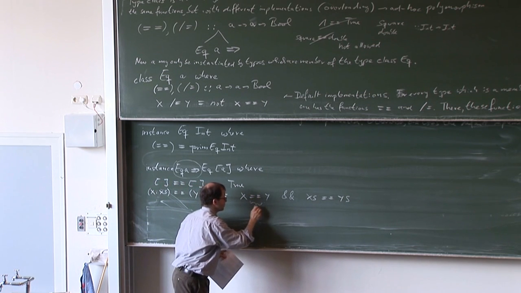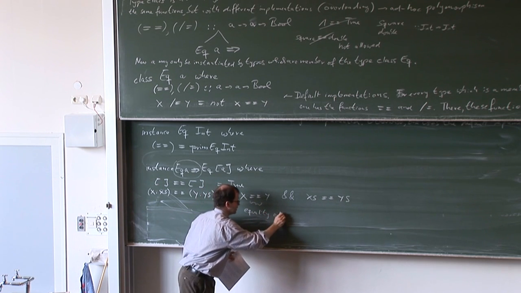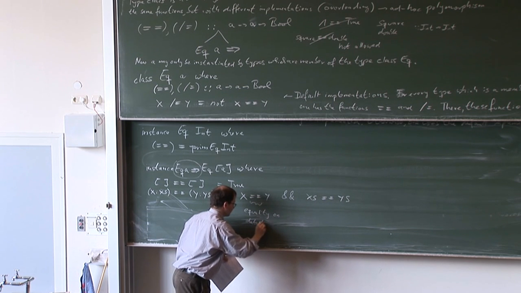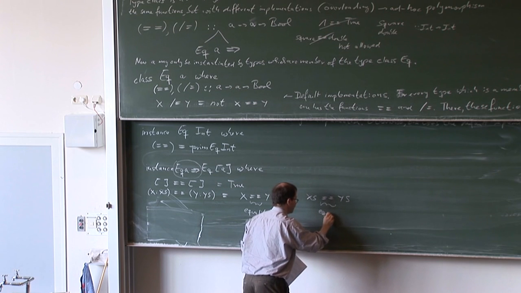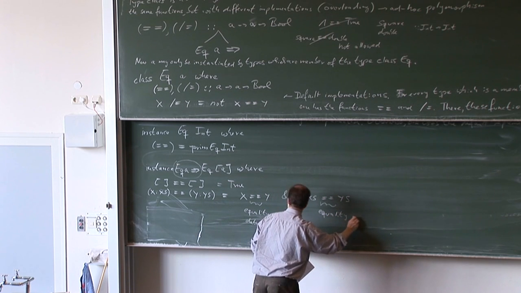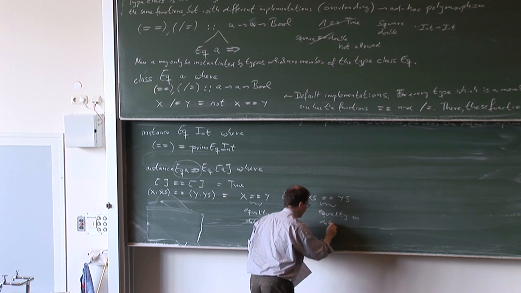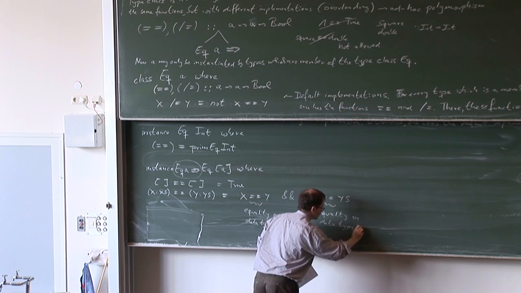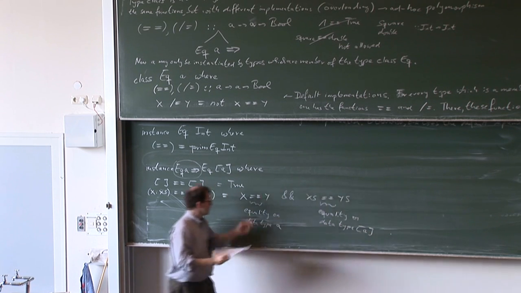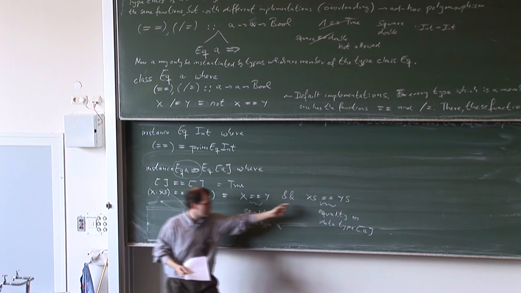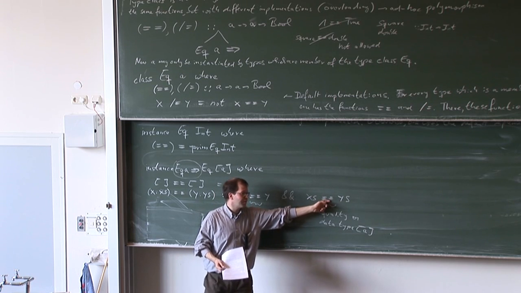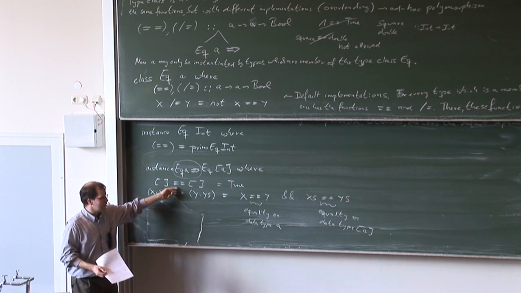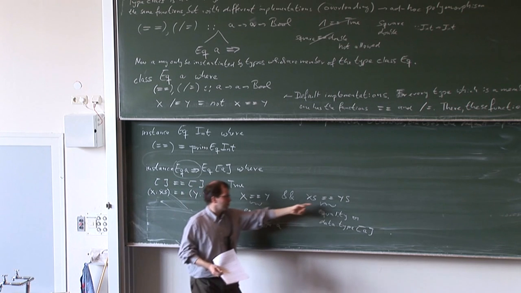So this is equality on the data type A, and this is equality on the data type list of A. Because these are two elements of type A. These are two lists of type list of A. So this is a recursive call. Here we define equality for lists, and this is simply a recursive call.